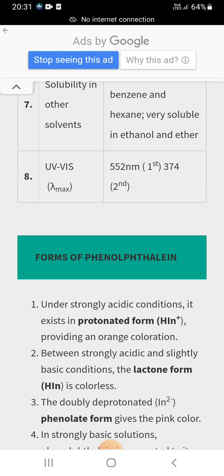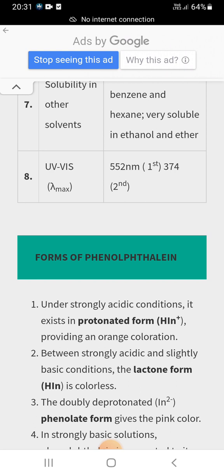When we talk about its different forms, there are 4 forms of phenolphthalein. One is the protonated form, that is H3In+. When phenolphthalein is in highly acidic solution, it gives orange color.